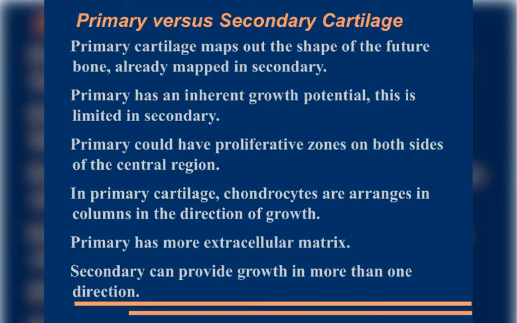Now we compare primary versus secondary cartilages. Keep in mind, Meckel's cartilage is considered primary cartilage. Condylar cartilage, mandibular symphysis, and the coronoid process of the mandible are secondary cartilages.